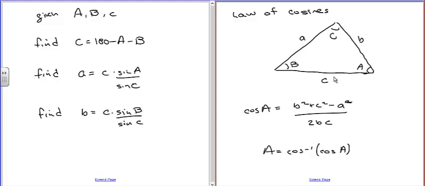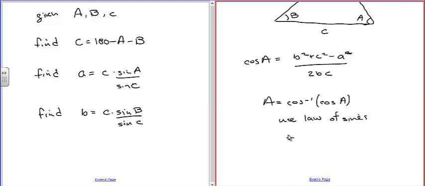Now once I have three sides and one angle, you can use the law of sines to find either angle B or C. So we use the law of cosines to find one angle.